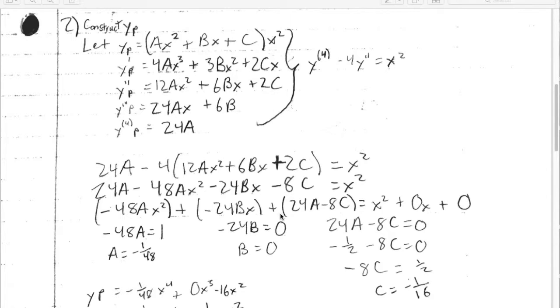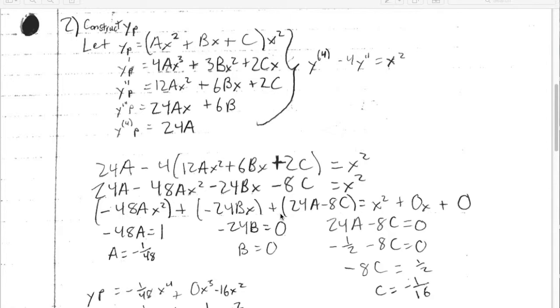the x values accordingly. So negative 48a is equal to 1 because the coefficient of the x squared on the right side of the equation is 1. Then negative 24b, because that's the coefficient of x on the left side, is equal to 0 because that's the coefficient of x on the right side.